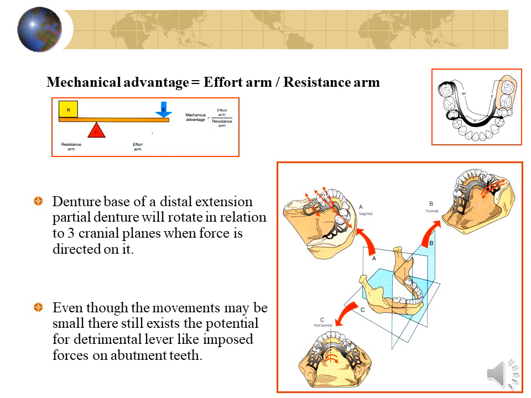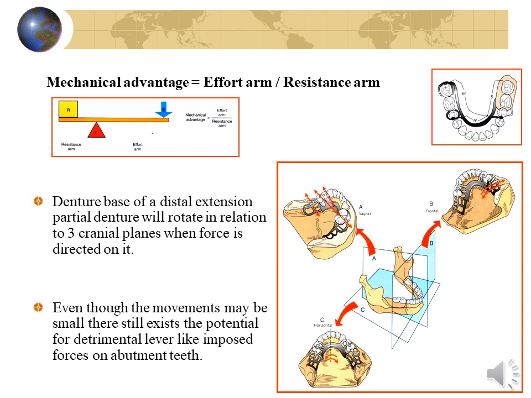Denture bases of distal extension RBD can rotate in relation to three cranial planes when forces are directed on it. One is the rotation around a fulcrum line passing through the most posterior abutments when the denture base moves vertically towards or away from the supporting alveolar ridges.